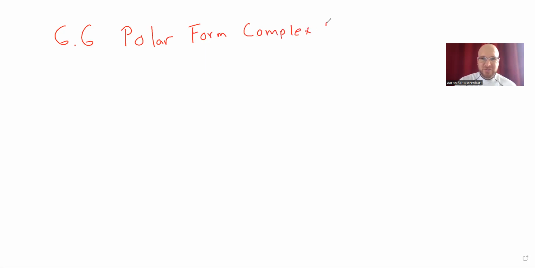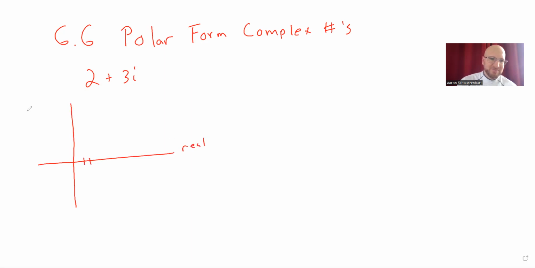So, just to review quickly, what is a complex number? A complex number is something with a real and an imaginary part. And at some point in the past, we have graphed them, with this being the real axis and the imaginary. That's the point there.